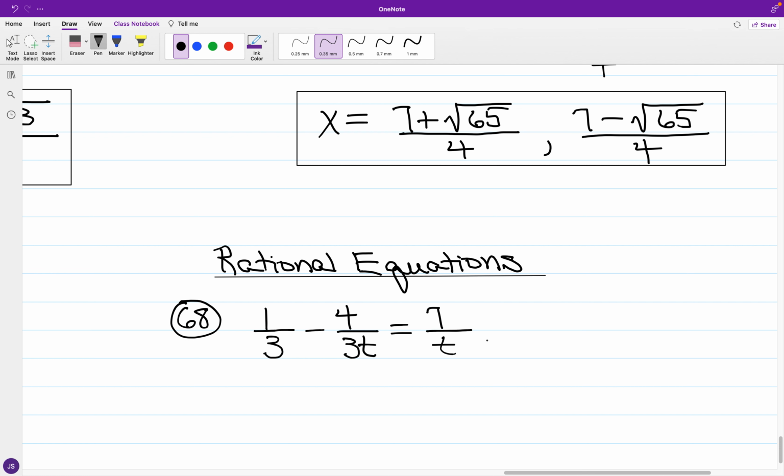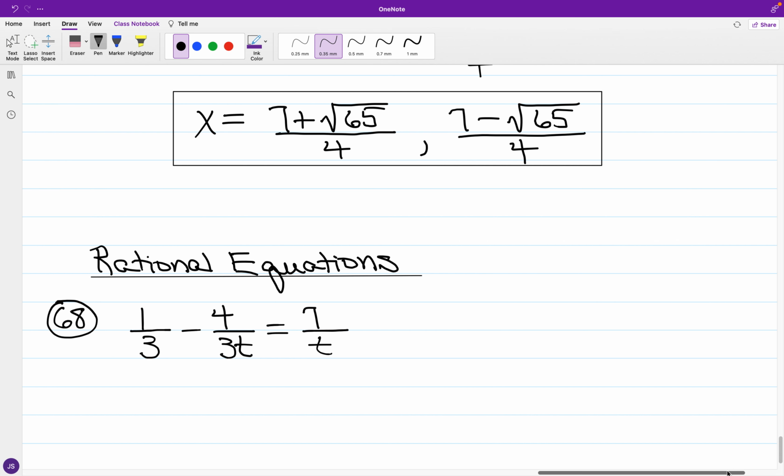Notice that t is in the denominator, and just some of the preconditions laid out, like the restricted values: 3t cannot be 0, and t cannot be 0.